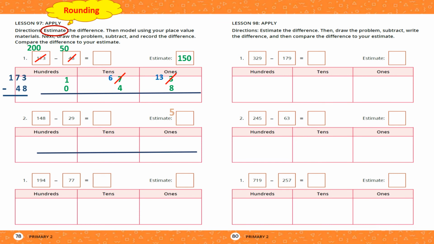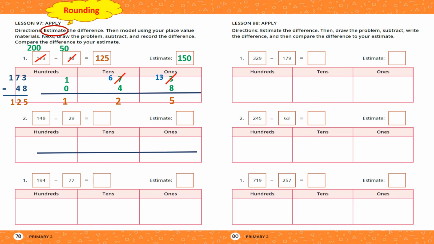How many fingers? 5, so we will write 5. 6 minus 4, yeah, we have more on top, 6 is greater. 6 minus 4 equals 2. 1 minus 0 equals 1. Now, the exact result of 173 minus 48 equals 125, while the estimated result equals 150.